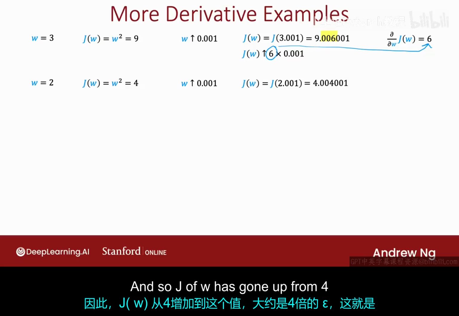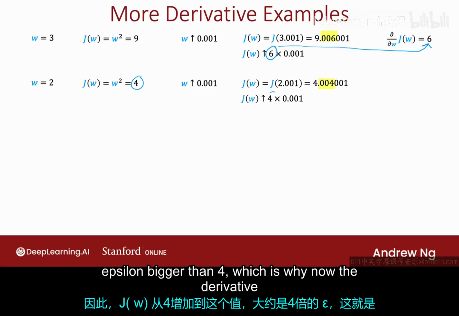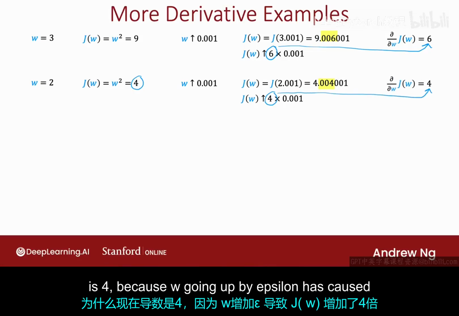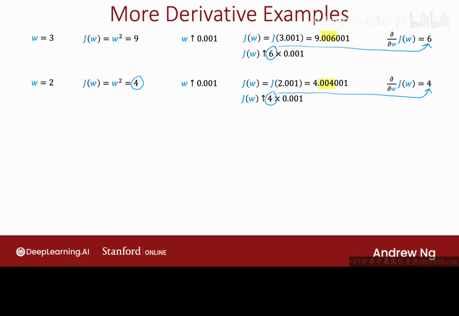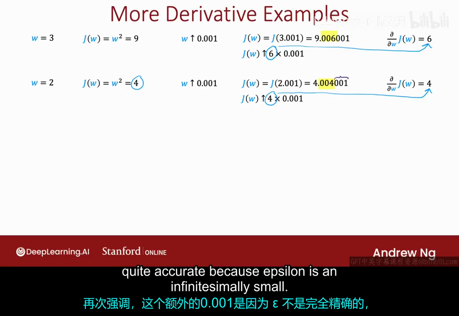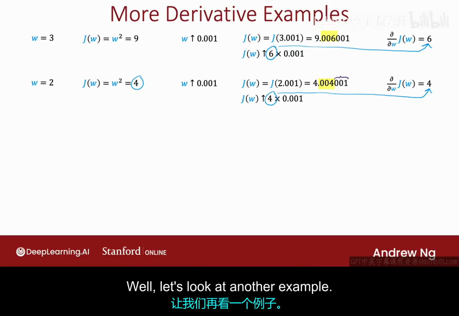And so J of w has gone up from 4 to this value over here, which is roughly 4 times epsilon bigger than 4, which is why now the derivative is 4, because w going up by epsilon has caused J of w to go up 4 times as much. And again, this extra 0.000001 is because it's not quite accurate, because epsilon isn't infinitesimally small. Or let's look at another example.